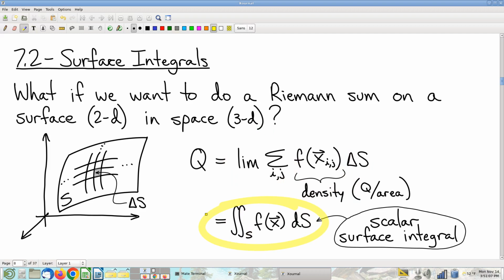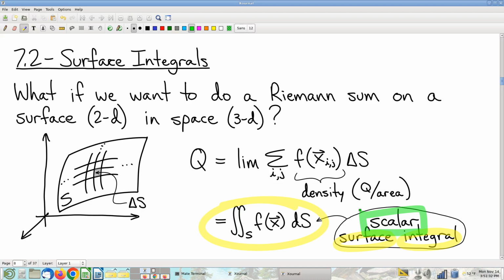And I'm going to give it a slightly different name. I'm going to call this a scalar surface integral. Two reasons. First of all, there's going to be a different kind of surface integral that we're going to see in a few minutes, real soon. And so we need names to distinguish the two different kinds of surface integrals from each other.